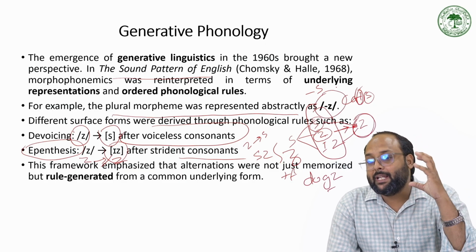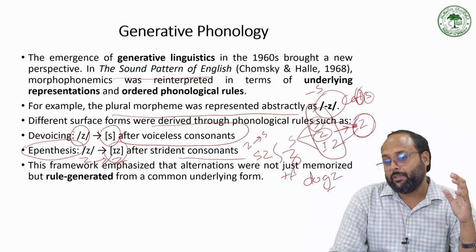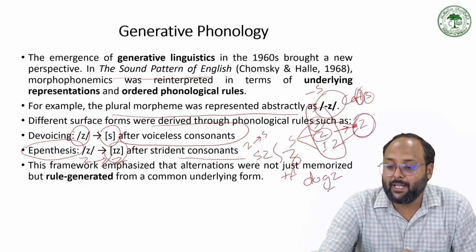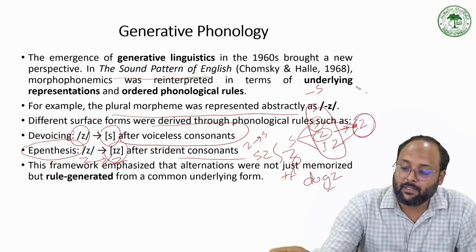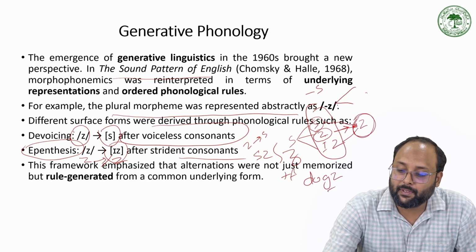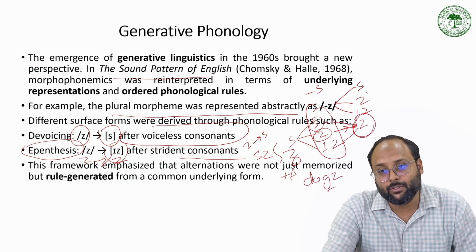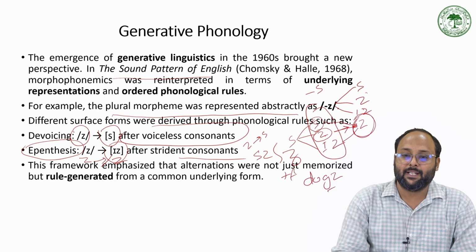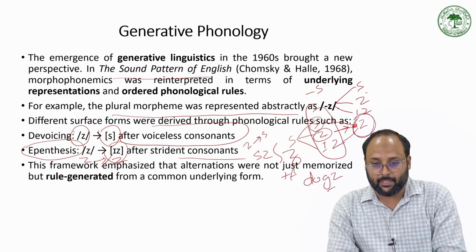So at the mental level, we have the za morpheme in our mind. The za has different representations like sa, za, and is. So sa occurs after the voiceless consonant, za occurs after the voiced consonant, and is occurs after the sibilant consonant like sa, za, sha, ja, and cha.